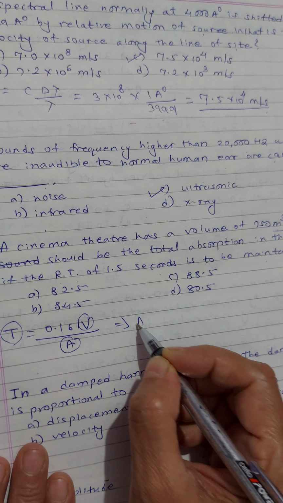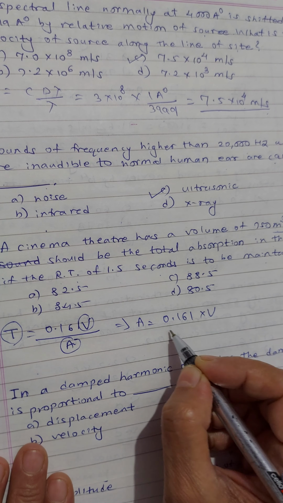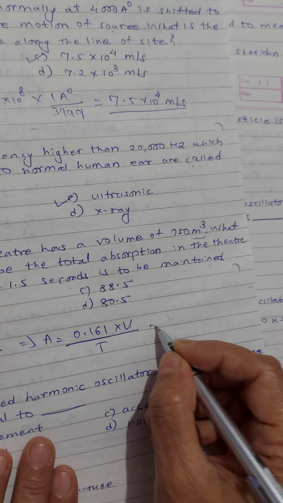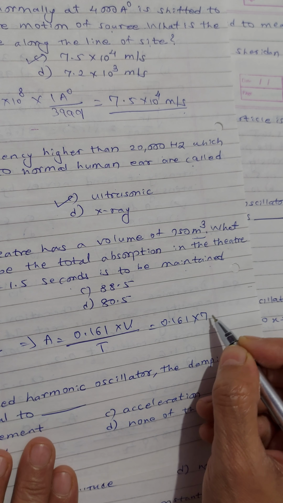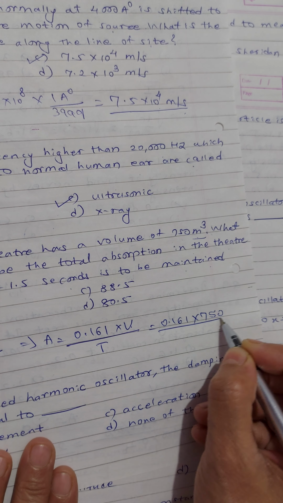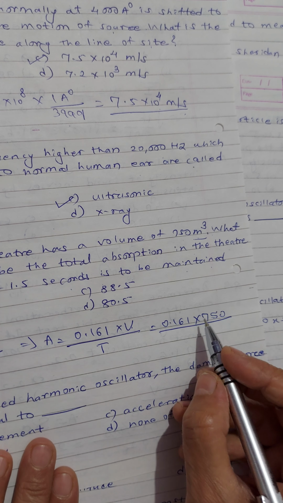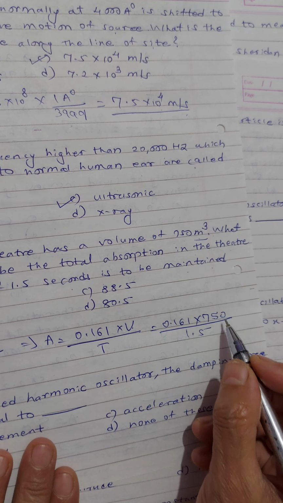So this implies A is equal to 0.161 into V divided by T. Substitute the value for V and T. So 0.161 into V. How much is V? 750 meter cube divided by T. How much is T? Given over here now. Reverberation time is 1.5 seconds. Okay. So simplify this.